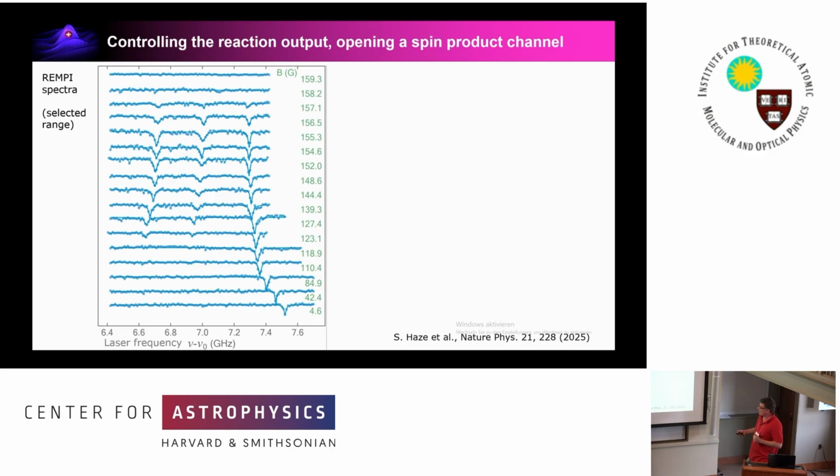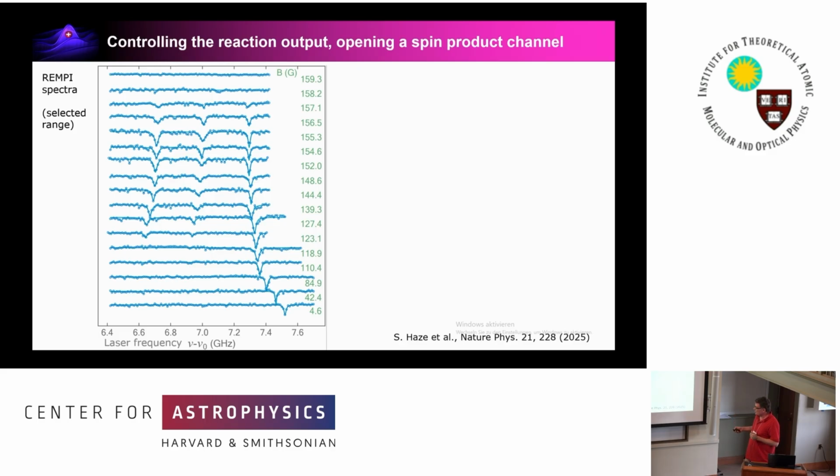So what you see now at low magnetic fields, far away from the Feshbach resonance, is only this one peak, and that corresponds to our spin-up molecule that we observe, just because of the spin conservation.